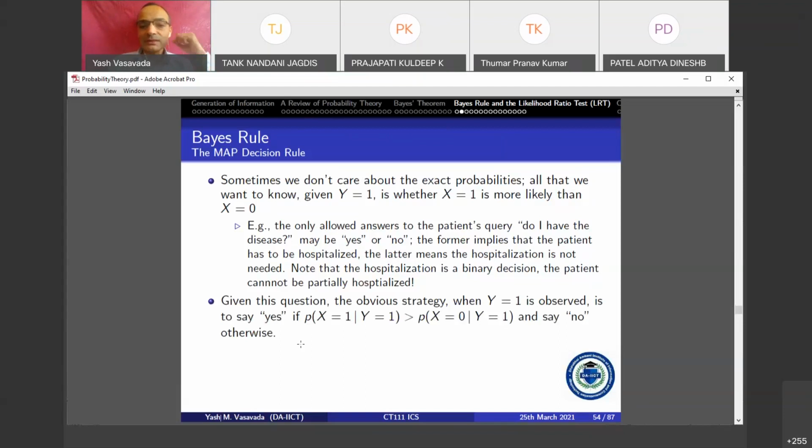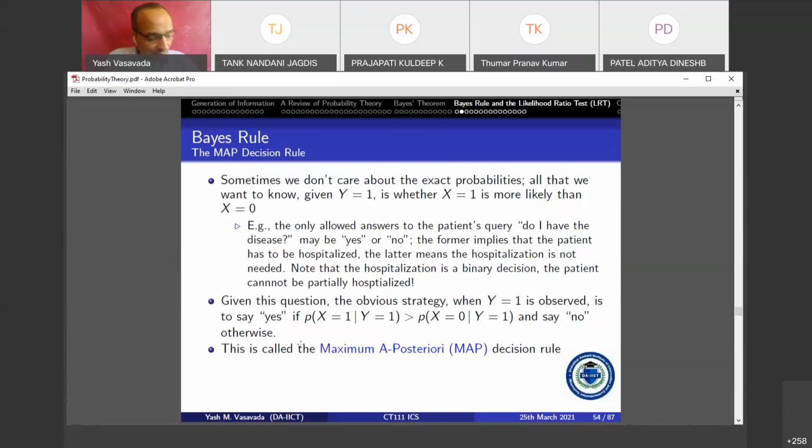And in that case, a very clear strategy is to just look at the posterior for x equal to 1 versus x equal to 0, given that y is equal to 1. And if the posterior on 1 is greater than the posterior on 0, then we say that the transmitted bit was 1. Otherwise, we say the transmitted bit was 0. Right?